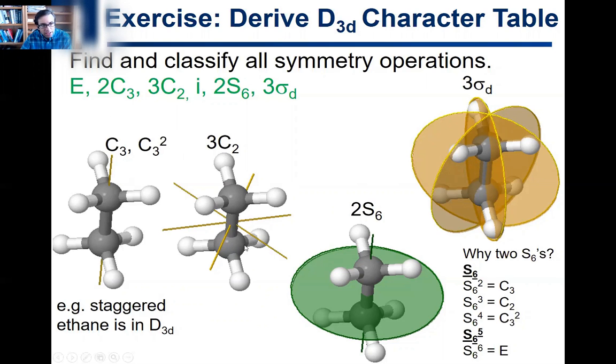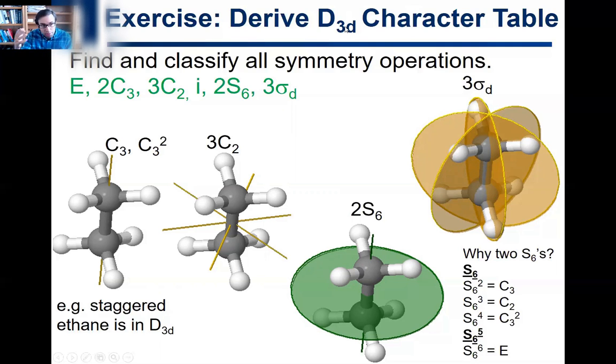Then we have perpendicular C2s. Why do we have perpendicular C2s? We're in a dihedral point group, a D point group. Those always have, by definition, perpendicular C2s. And a reminder is that for any D point group, i.e. D3d, for example, you will have as many perpendicular C2s as the number n of the principal rotation.